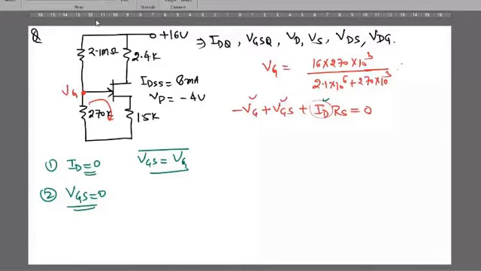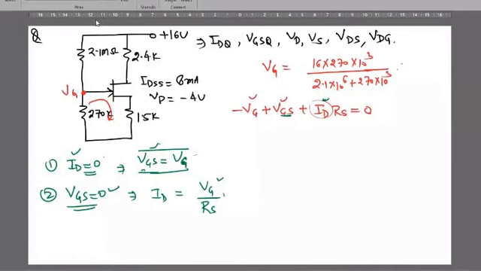So this will give you VGS, and this will give you ID equals VG over R. Fine. So this is like a mutual relation. If you draw the characteristics in this case of potential divider biasing, this becomes a mutual relation. First you put ID equals 0, second you put VGS equals 0, and one by one you can calculate the values of VGS and ID by assuming one value at a time.